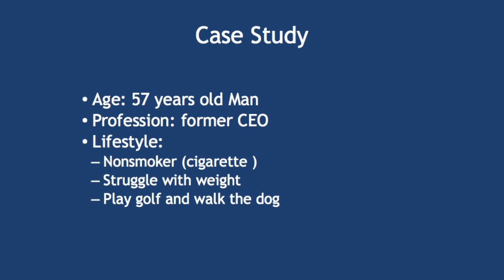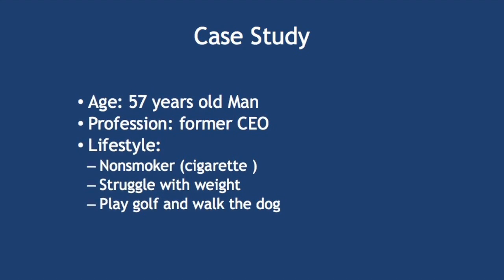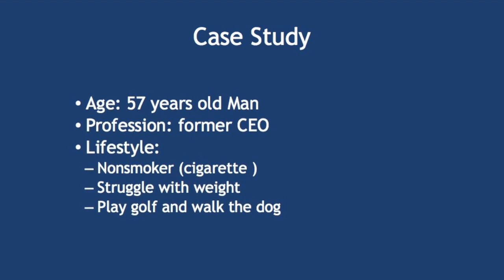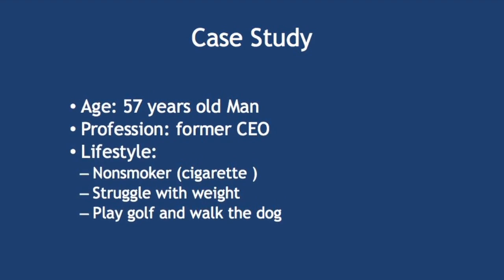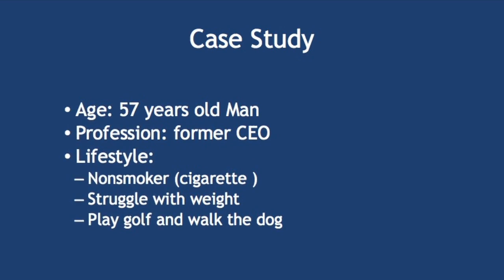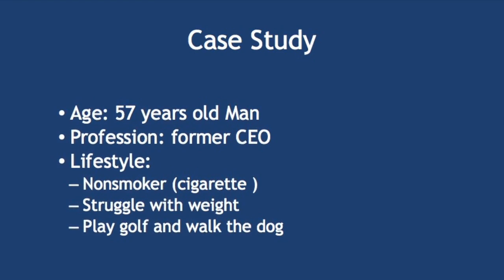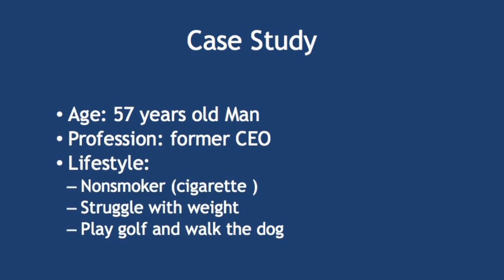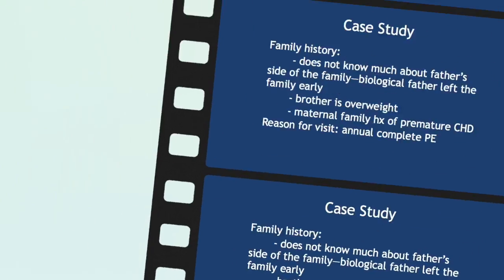Let's talk about the first case study. This is a 57-year-old man who was a former CEO. He doesn't smoke. He did struggle with weight, and he did enjoy playing golf and walking the dog.